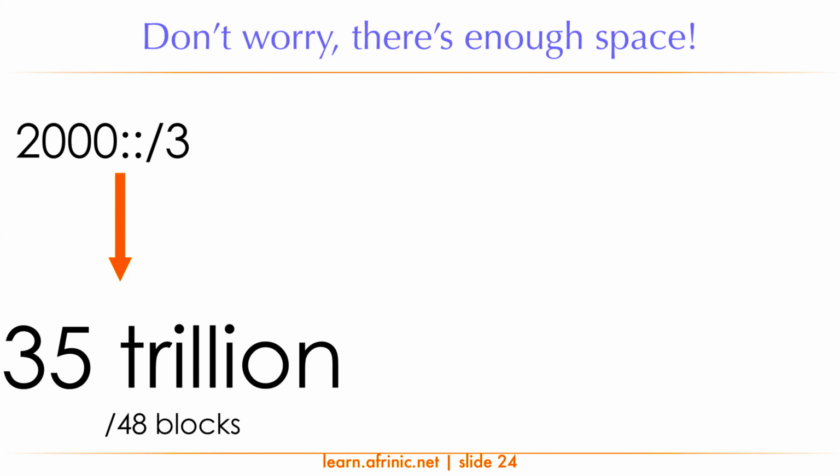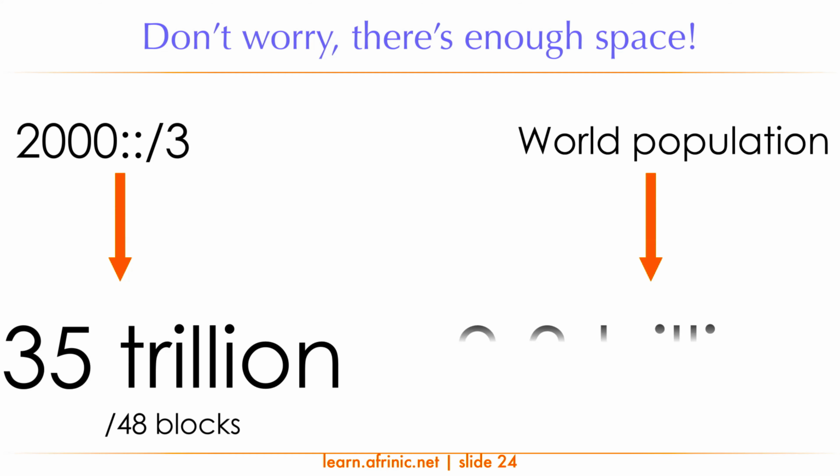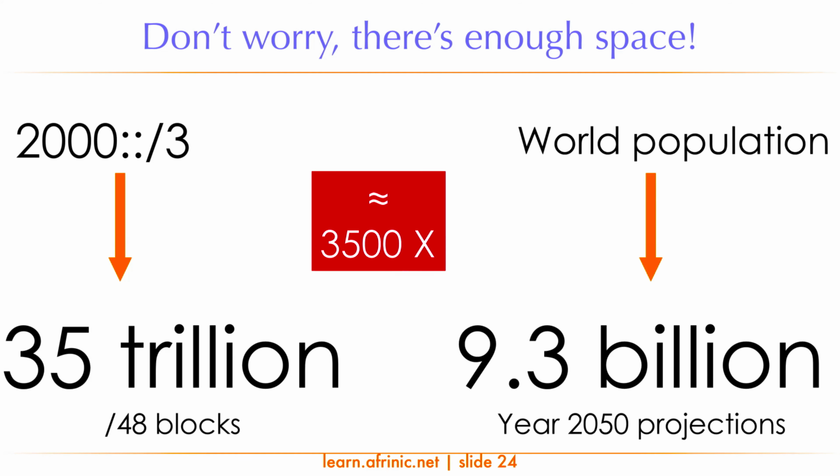But don't worry, currently we're using a /3. A /3 gives us a possibility of having approximately 35 trillion /48s, right? If you look at the estimated world population in 2050, we expect to have 9.3 billion people in the world.